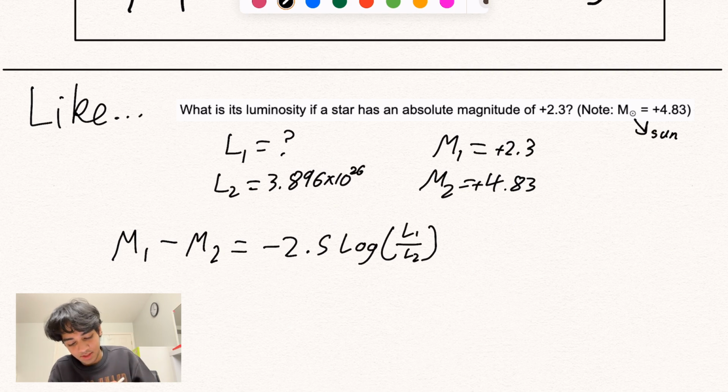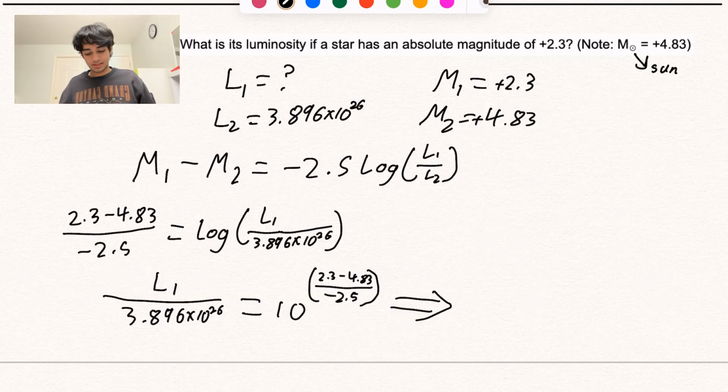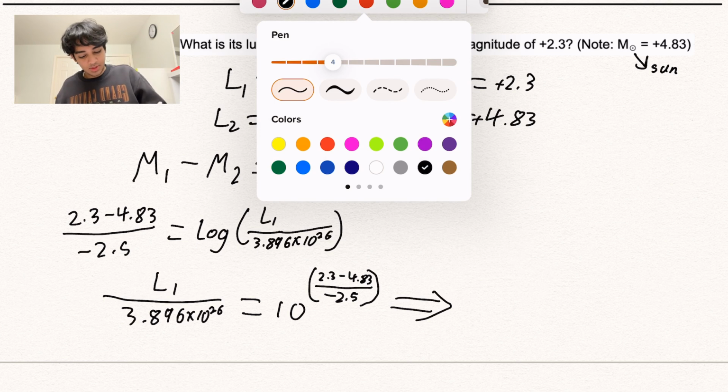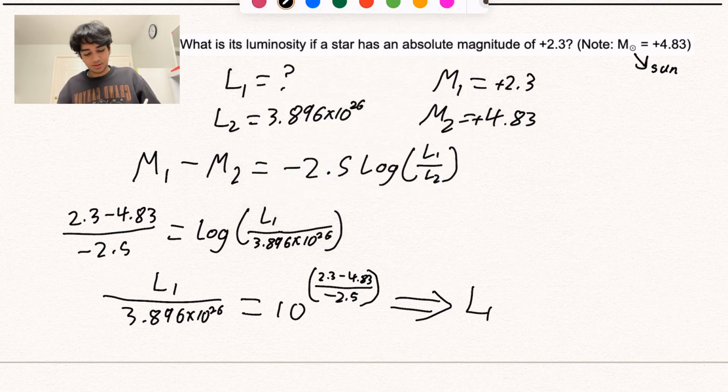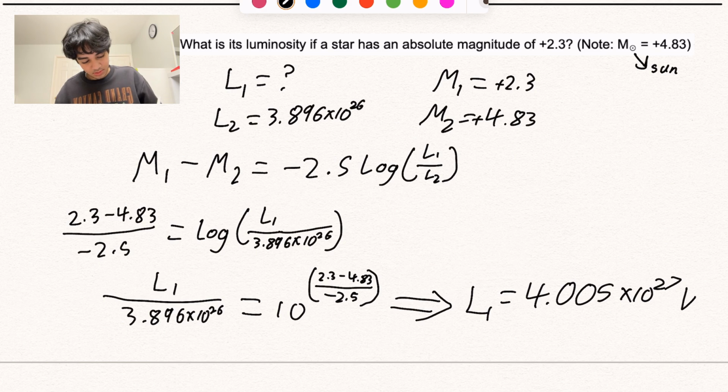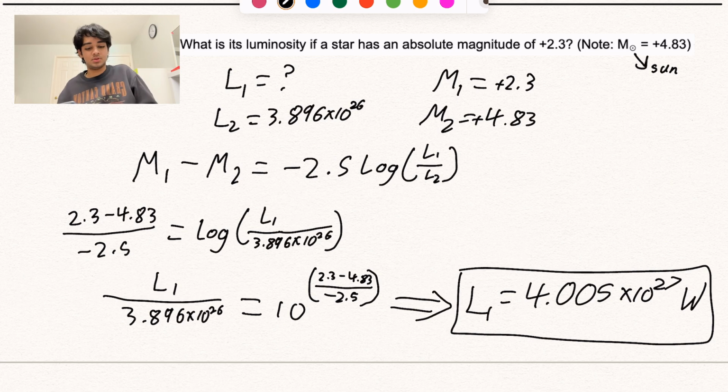Let me skip ahead for you guys. Okay, I've isolated for L1, and we get our final answer from our calculator, 4.005 times 10 to the power 27 watts. That's our answer. And that is the luminosity of the star described.